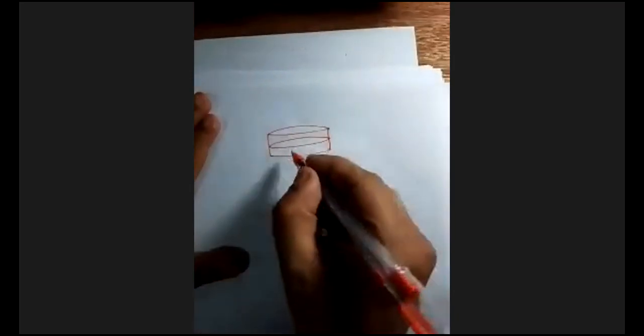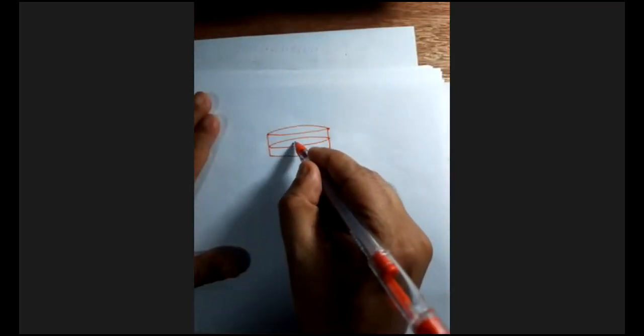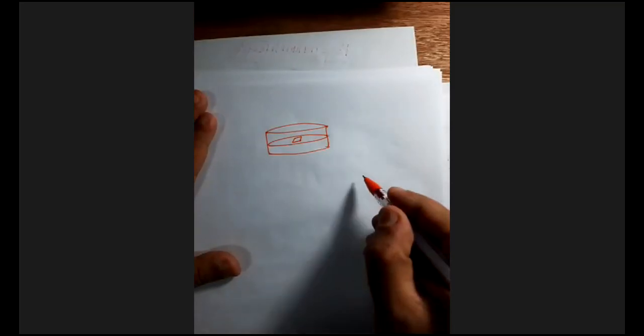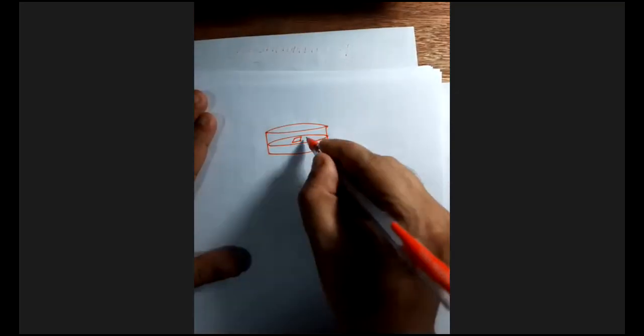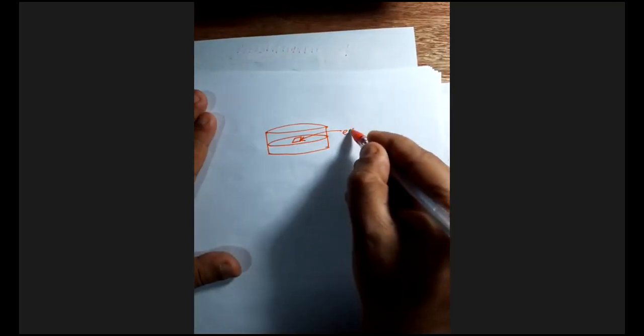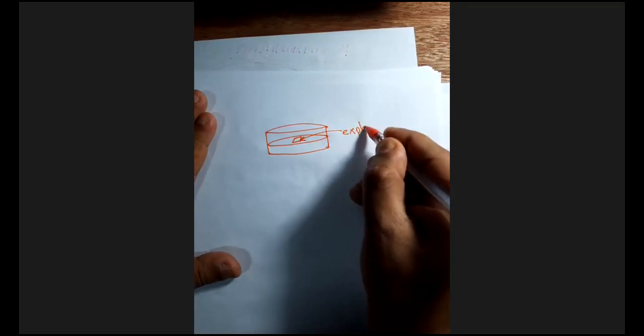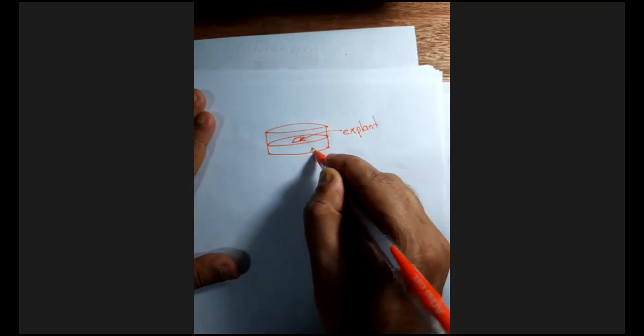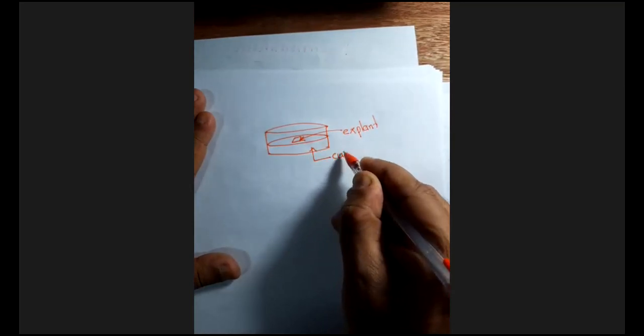On this petri dish culture medium, you are going to place a small plant tissue. This plant tissue you are placing is called explant. So you are placing an explant on a culture medium.